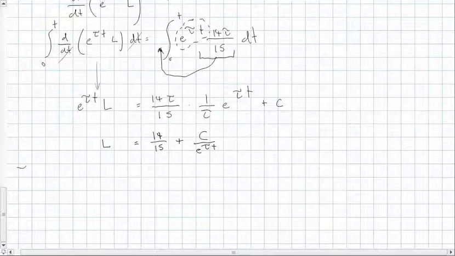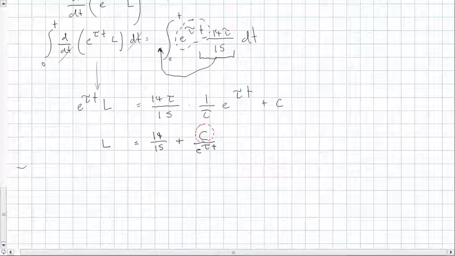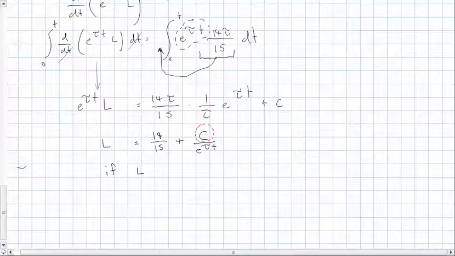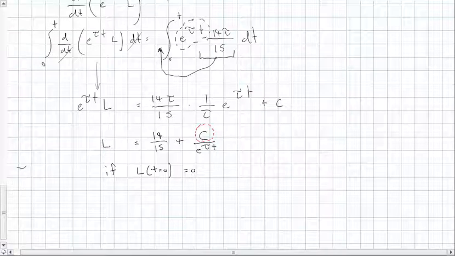Now what are we going to do? Well, we've got to solve for this C. How are we going to do that? We're going to use the initial condition. So if L at time equals 0, then C must equal negative 14 over 15.